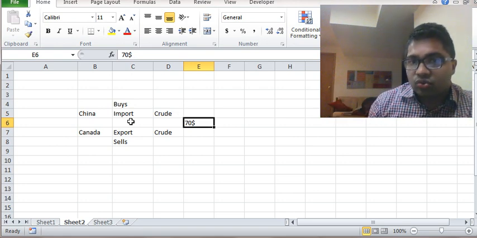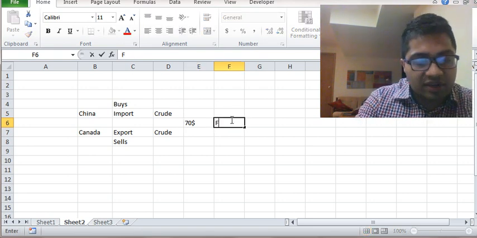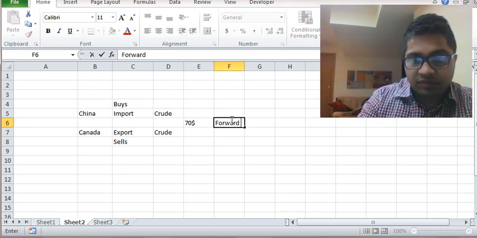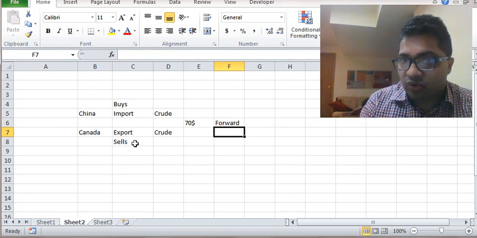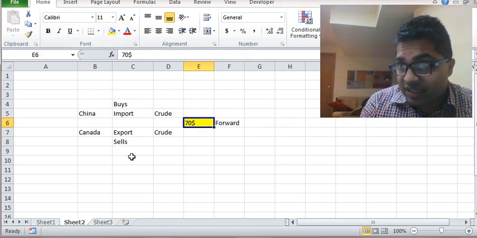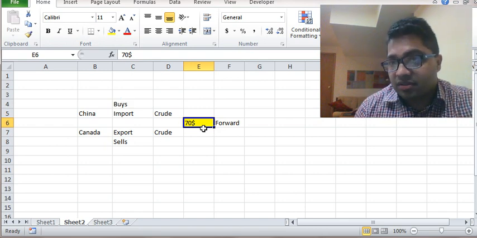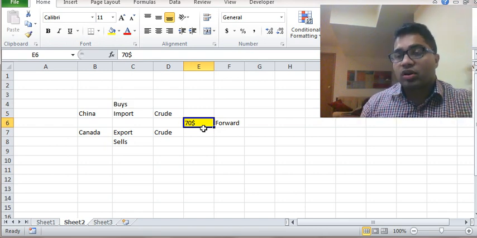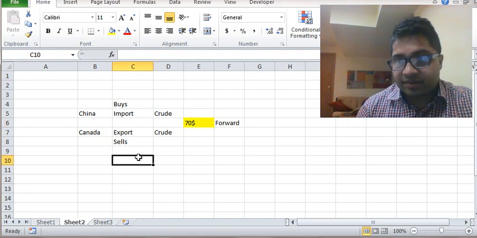So what they can do is create a contract, a forward contract, in which China agrees to buy crude from Canada in future at $70 and Canada agrees to sell crude to China in future at $70. So they get into a contract at a predetermined price.